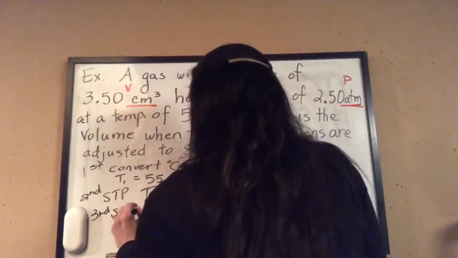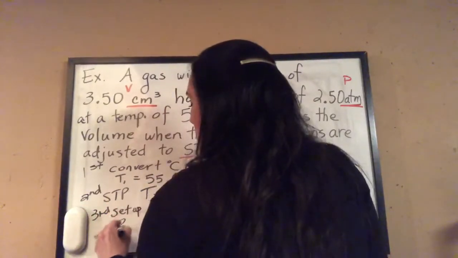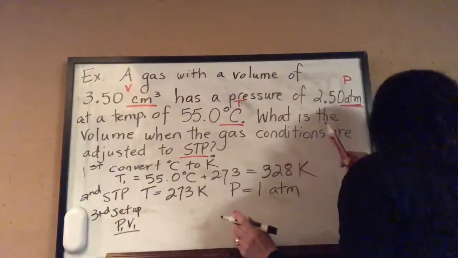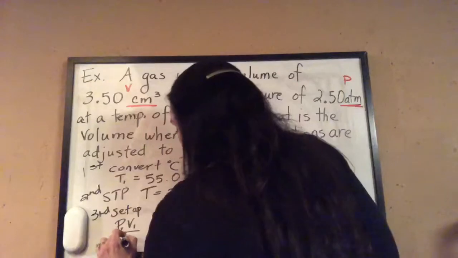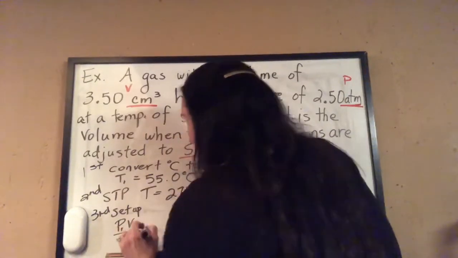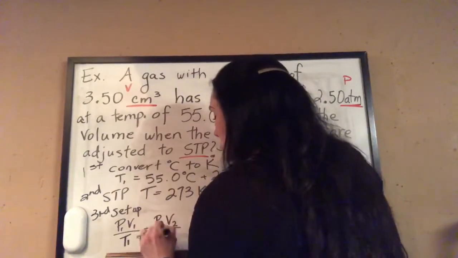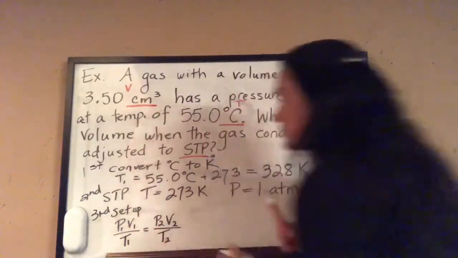Set up: P1 times V1 over T1 equals P2 times V2 over T2.